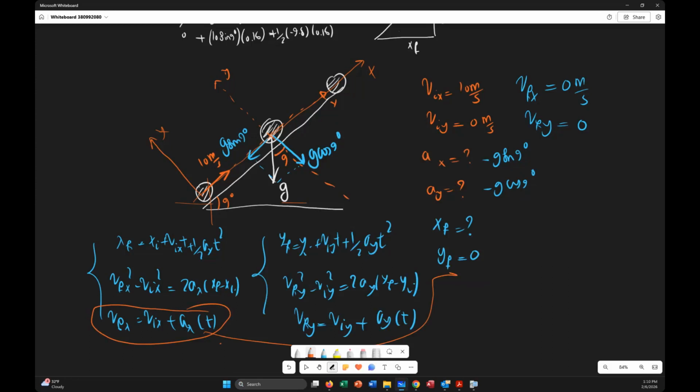So I just write it here because I have v final, I have v initial, and I have the acceleration in the x-axis, and I can find t. So v final x equals v initial x plus ax t. 0 equals 10 plus, what is the acceleration?